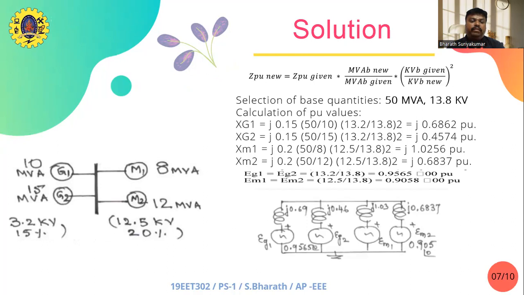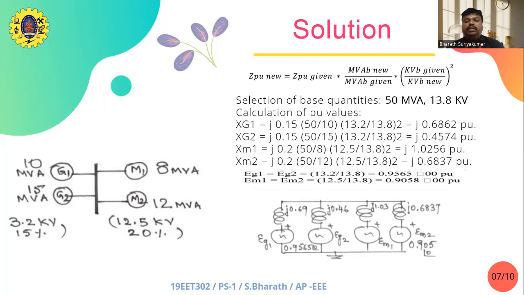We will substitute the different values for the given question. 10 MVA and 15 MVA for the two generators, 13.2 kV and 15%. Two motors, M1 and M2, 8 MVA and 12 MVA, 12.5 kV and 20% reactance. We substitute the different values with the selection of a base of 50 MVA.